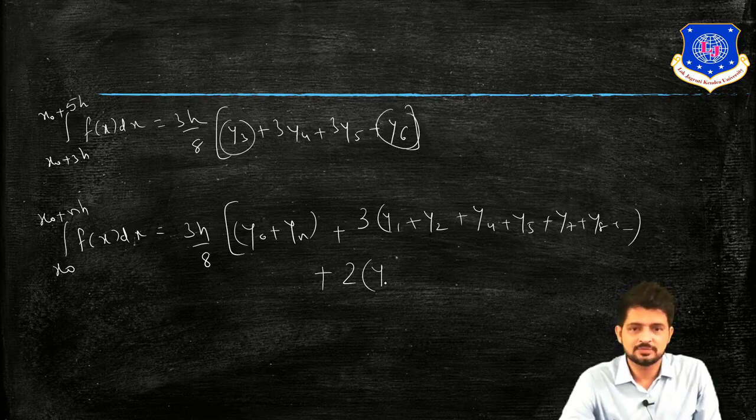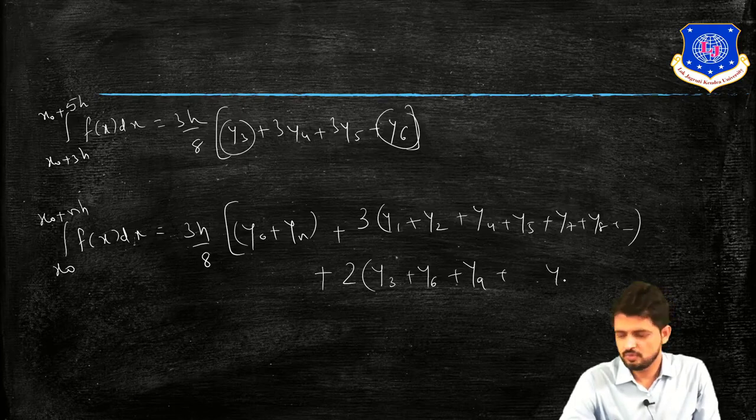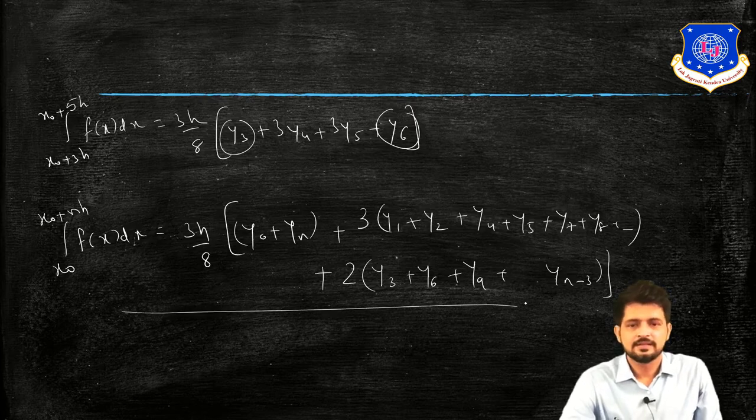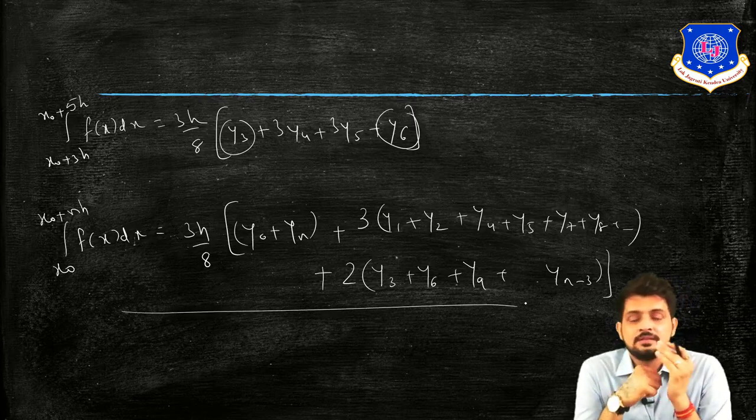So 2 times into multiple of 3 terms, okay, y3 plus y6 plus y9 and so on up to y(n minus 3). Okay, and this formula is known as Simpson 3/8 rule.